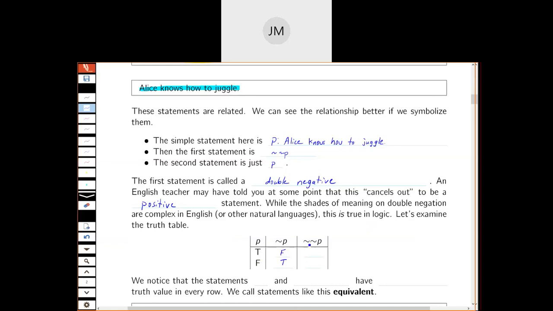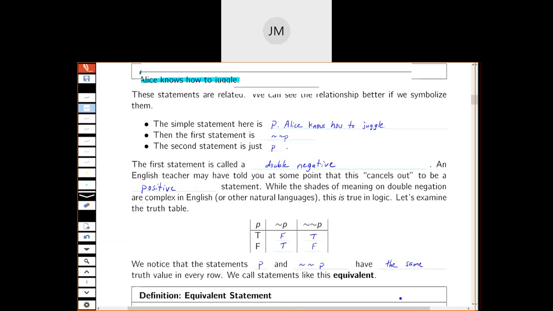Then not not P is like taking not P and throwing a not on there, so it has the opposite truth values from not P, which are the same truth values as the original statement P. So we can see it's the same as P. We notice that P and not not P have the same truth value in every row. So statements like this are called equivalent.